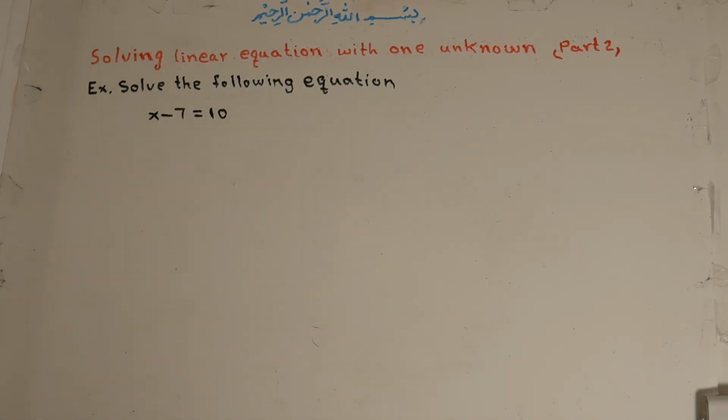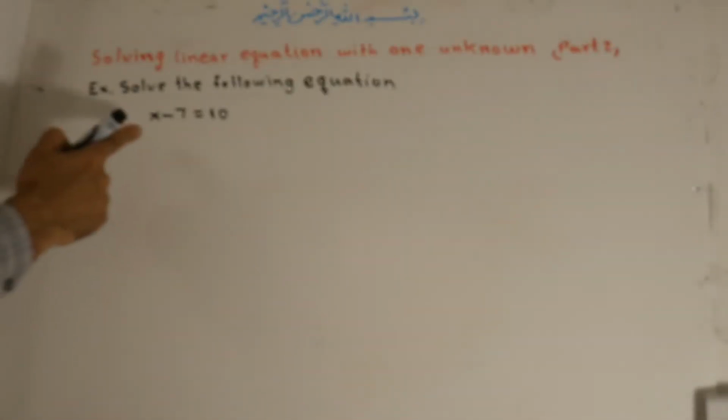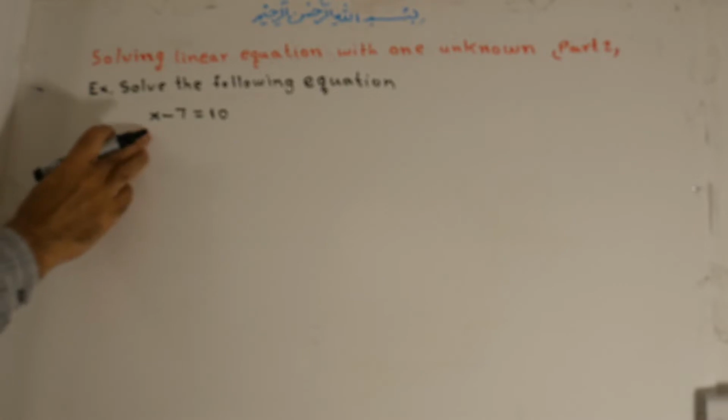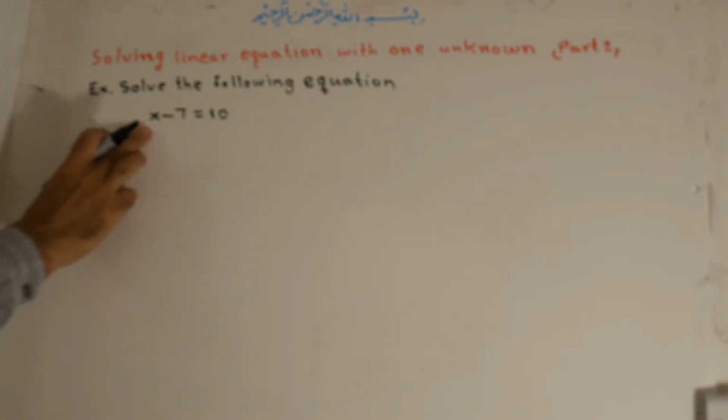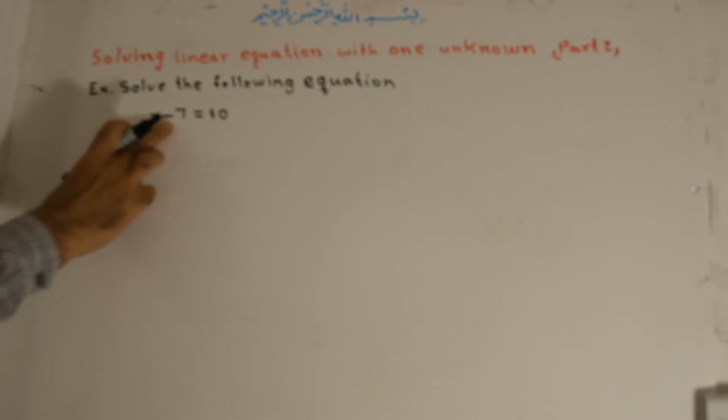Now we want to solve this equation for x, and in order to keep only the x, we should remove the minus 7 from beside the x. What we do by using the addition axiom.